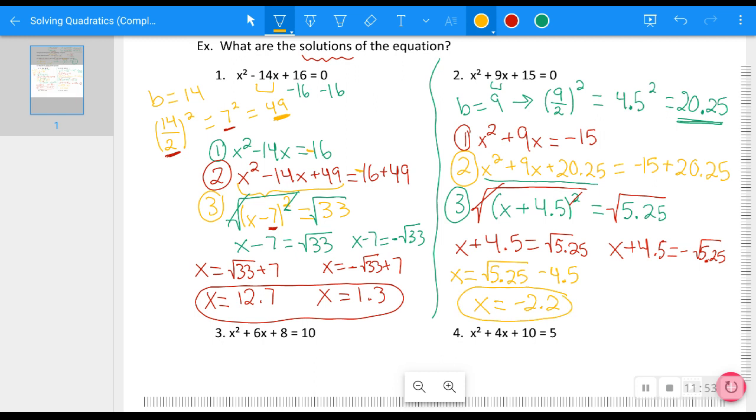Then if we look at our second one, if we subtract 4.5 over, we'll get x equals negative square root of 5.25. Sorry again, that's a decimal. Minus 4.5. And then if you type that in your calculator, we'll get x equals negative 6.8. And there you have it.